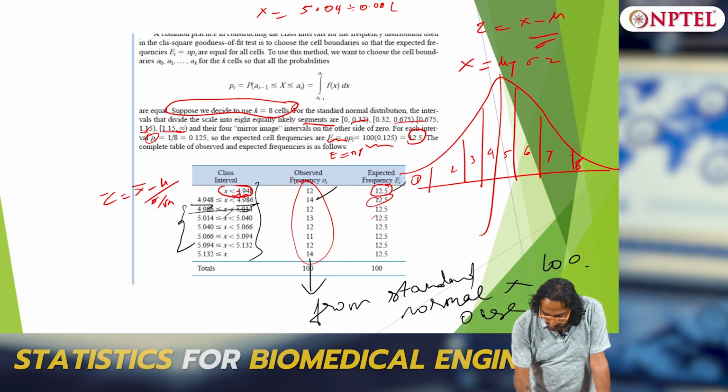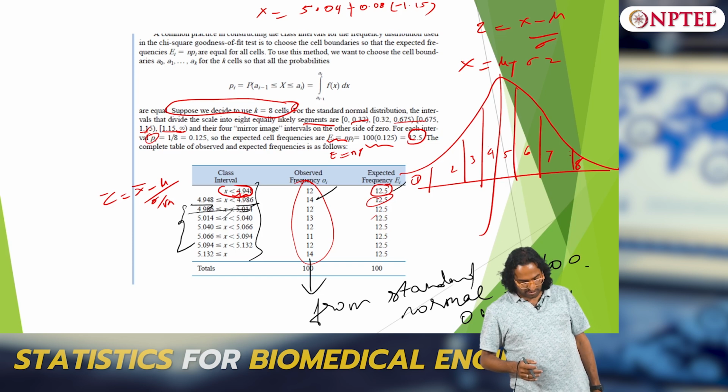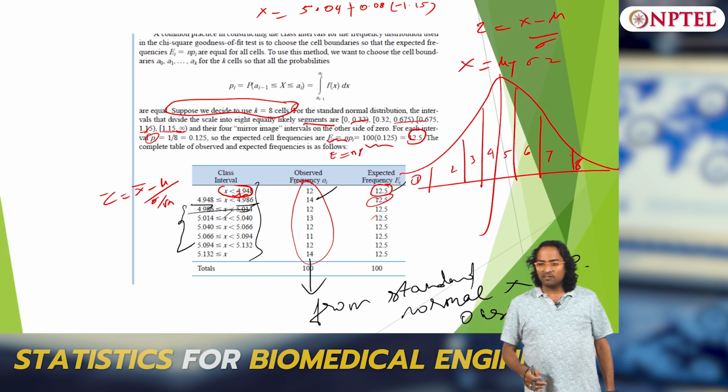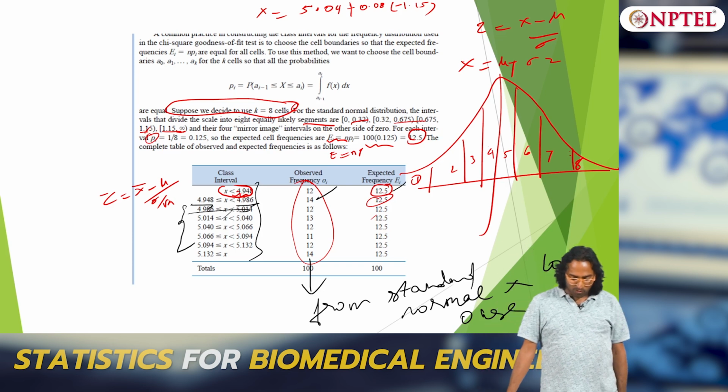So compute this: 5.04 minus 1.15 into 0.08, what is the value? What do you get? That should definitely be 4 point something, but what is the exact value?